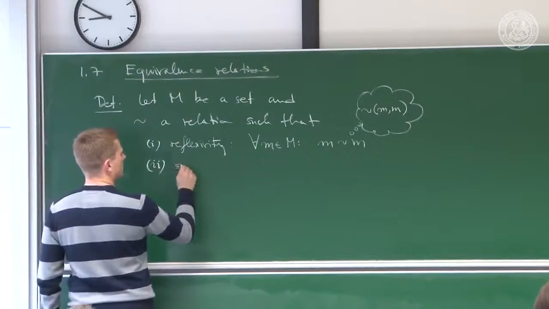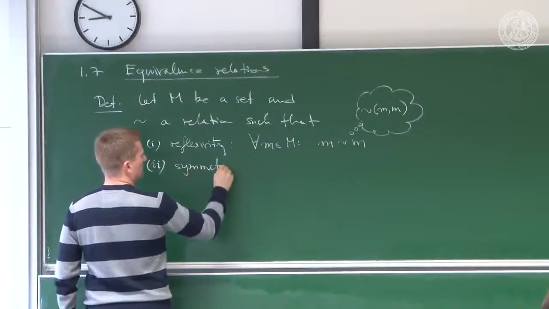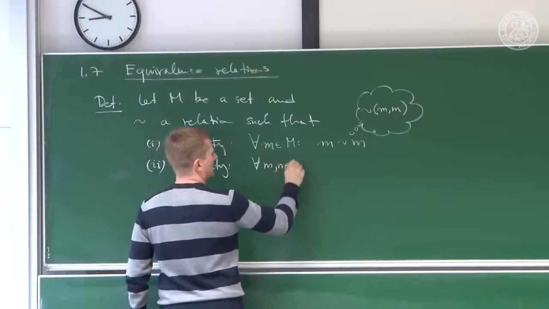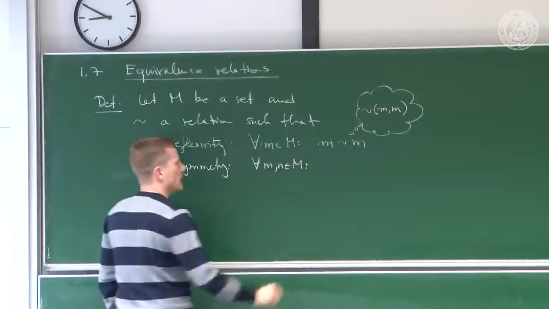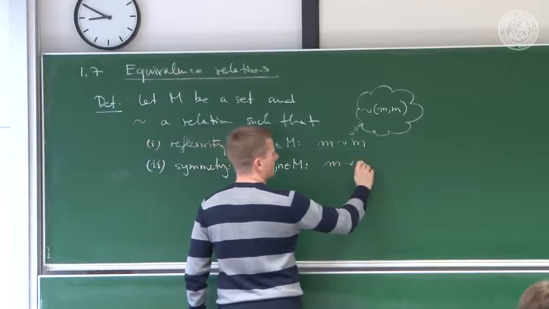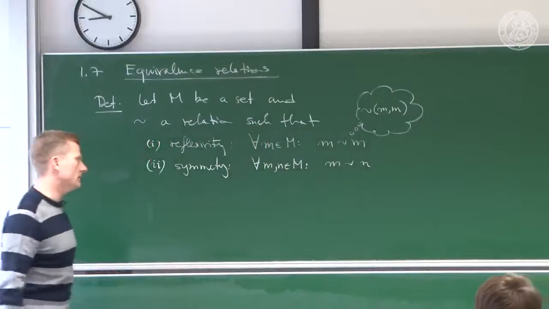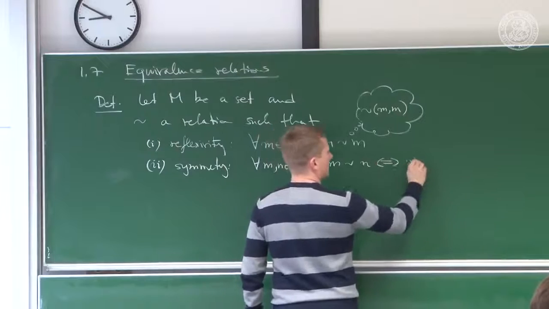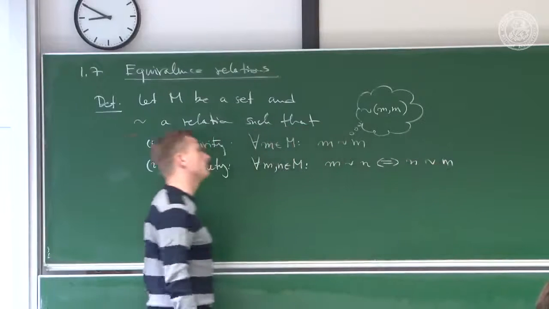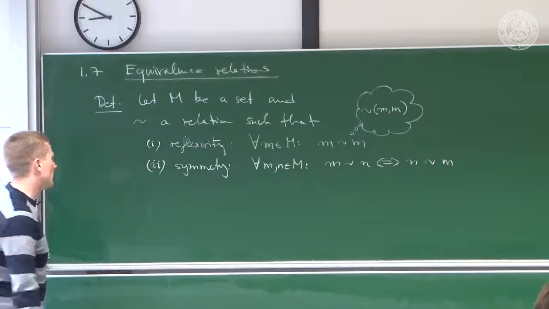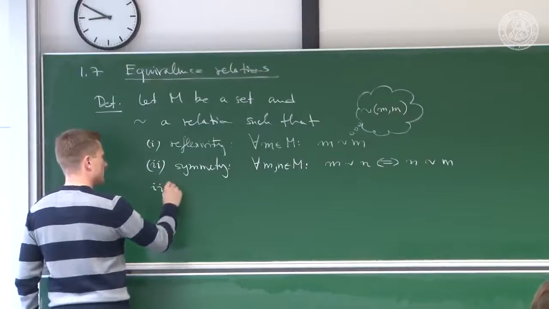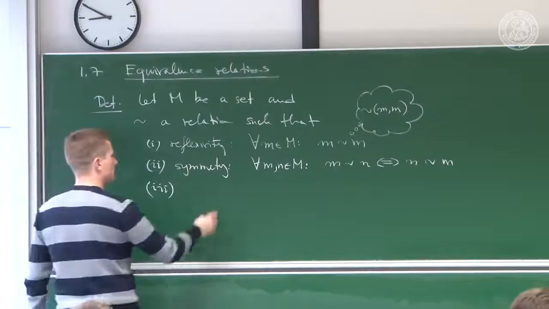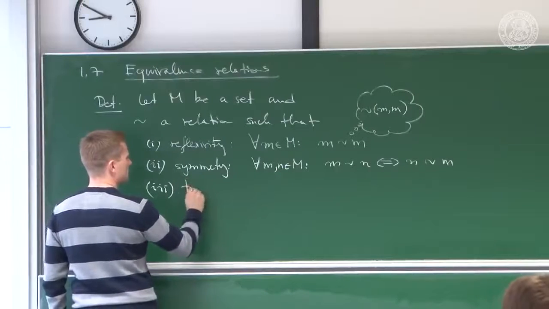Second, there must be symmetry in the following sense. If m and n are elements of M, and assume it's already clear that m ~ n, then that's supposed to be the same as n ~ m. And the third condition a relation needs to satisfy in order to qualify as an equivalence relation is transitivity.